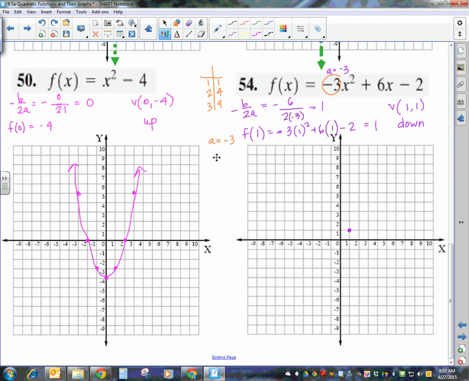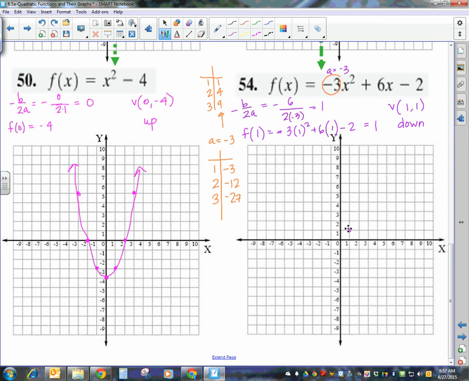When you have an a other than 1, it affects your y values. So now my new key points are 1, and then you multiply each of these by a. So 1 times -3 is -3. 4 times -3 is -12. And 9 times -3 is -27.